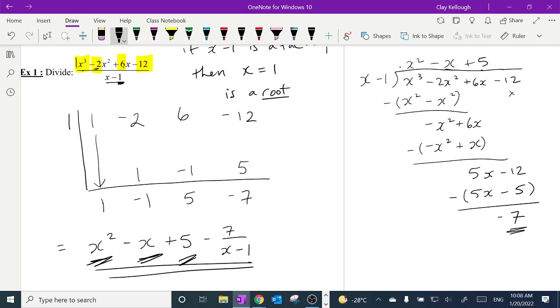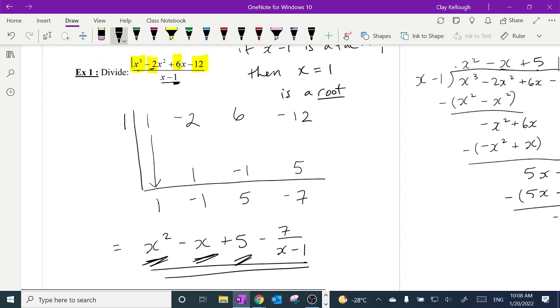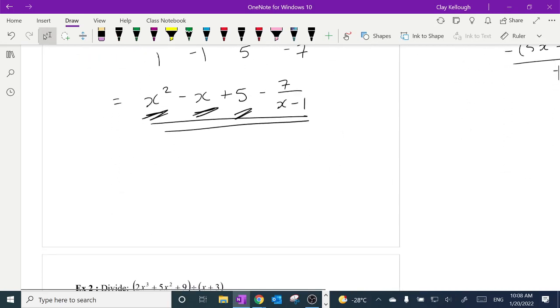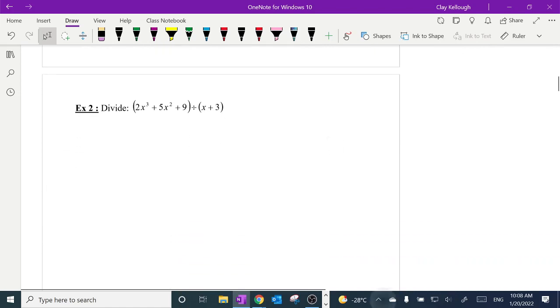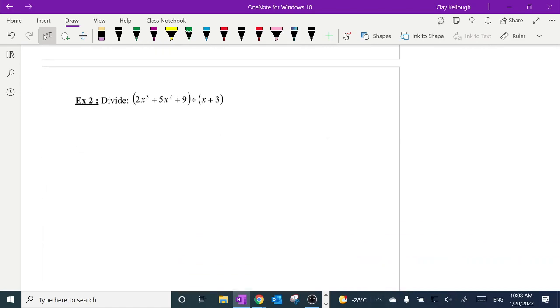All right, let's try another synthetic division one, and then we'll let you try one on the next one. Okay, here's another one where we're missing a value. I have to think of this as 2x cubed plus 5x squared plus 0x plus 9.